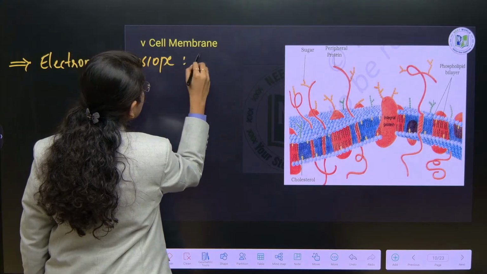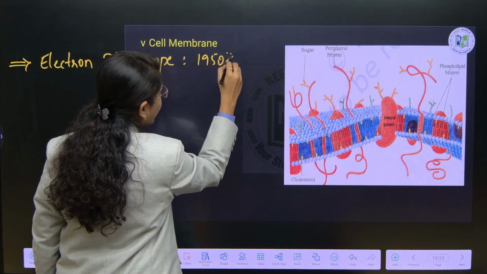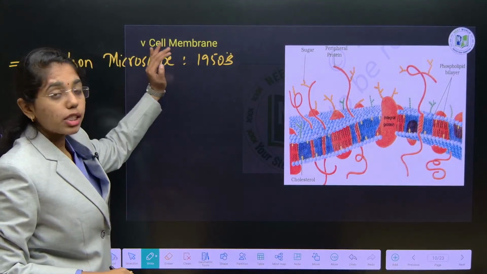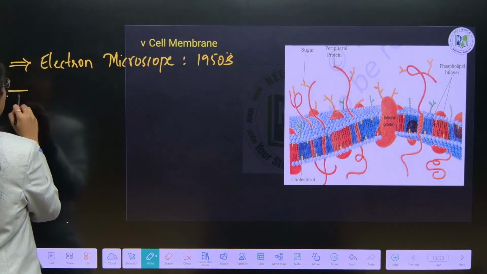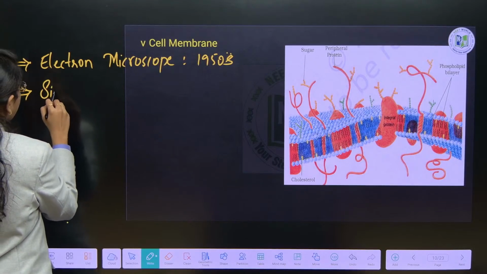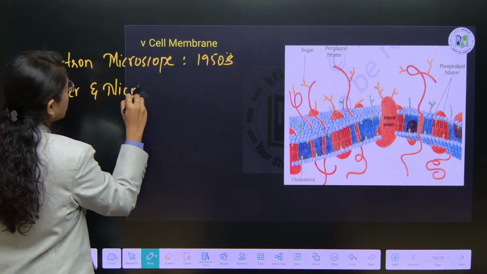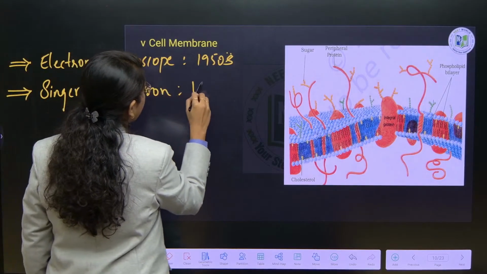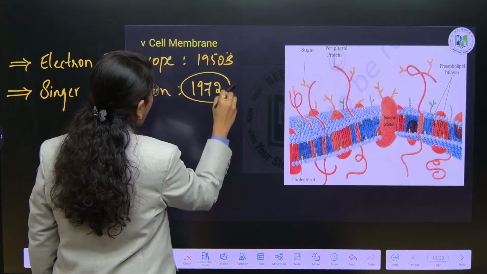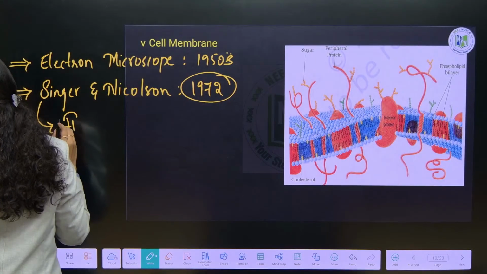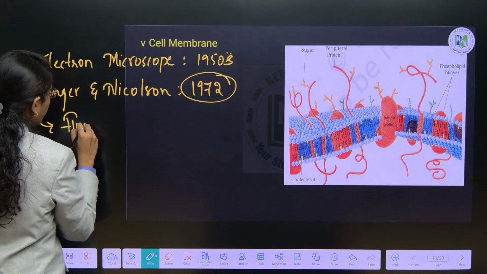The widely accepted model of a plasma membrane or cell membrane was proposed by Singer and Nicolson in the year 1972, and the model is the fluid mosaic model.